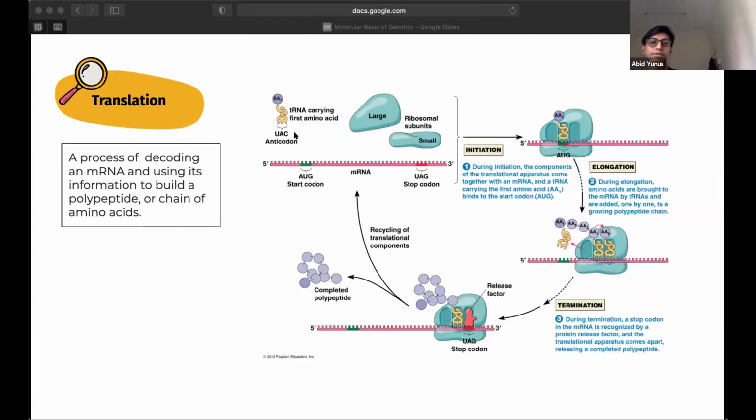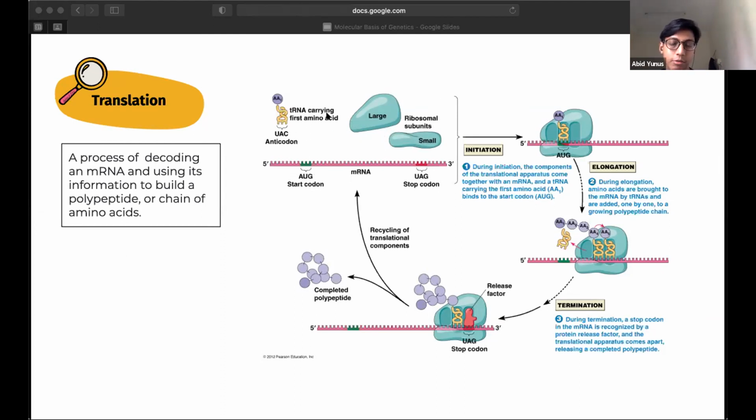Okay, next is the translation process. Translation is a process of decoding an mRNA and using its information to build a polypeptide or chain of amino acids. If you look at this diagram, you can see at the top you have the mRNA, which has the AUG, which is the start codon, as well as the UAG, the stop codon. And then you also have the ribosomal units, the large and the small units, and you also have the tRNA.